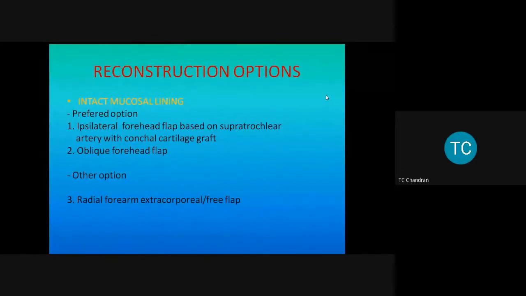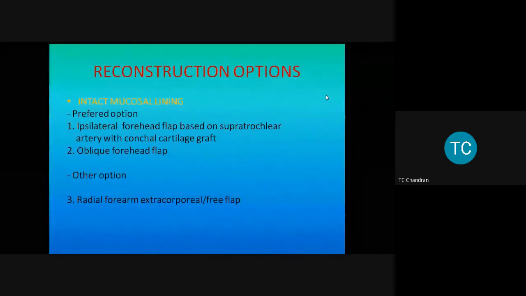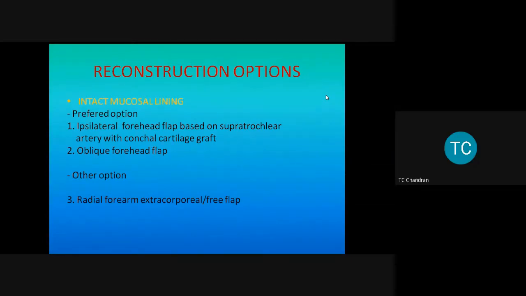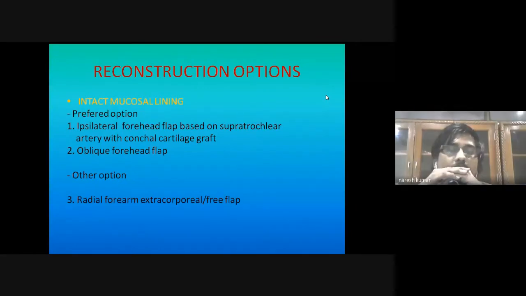For a cartilage graft which is free, what is the basic requirement? You should have a watertight closure, absolute soft tissue cover. When you are having one open to the atmosphere, how can you insert a free cartilage graft? You can't.